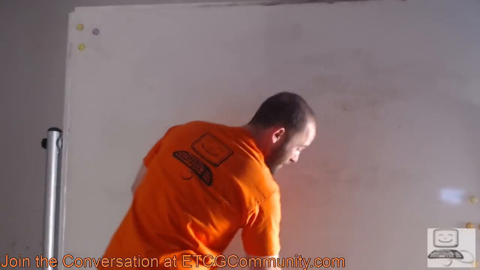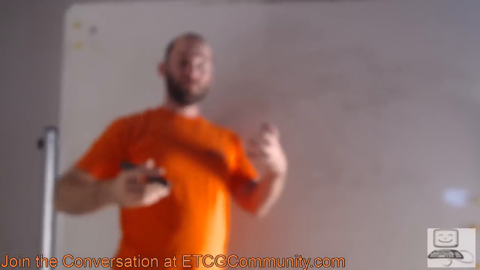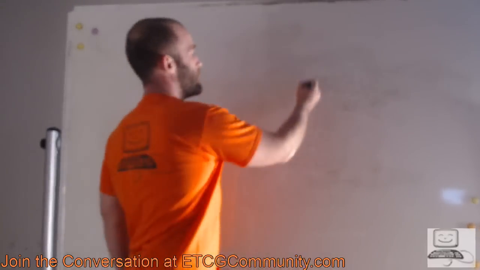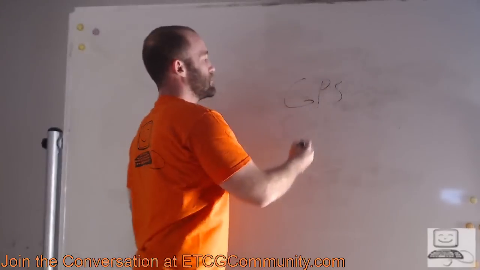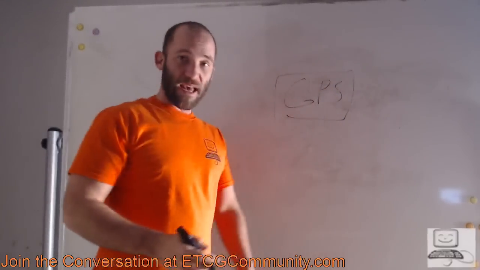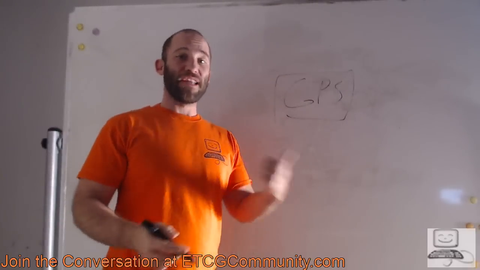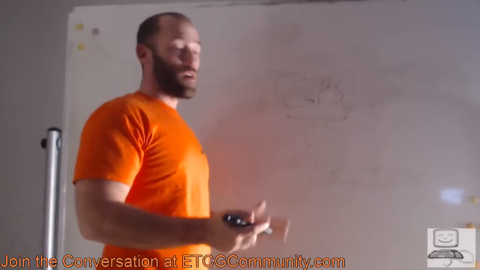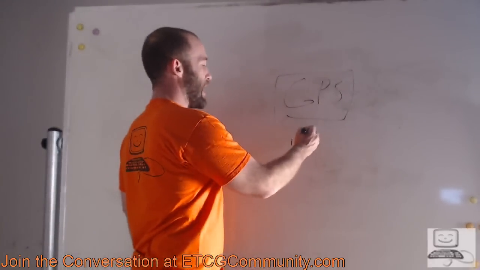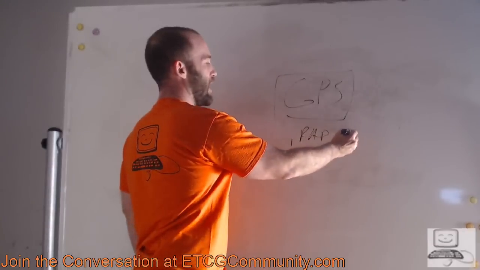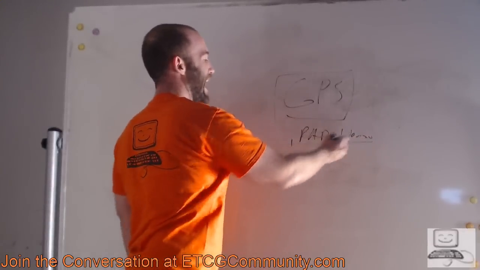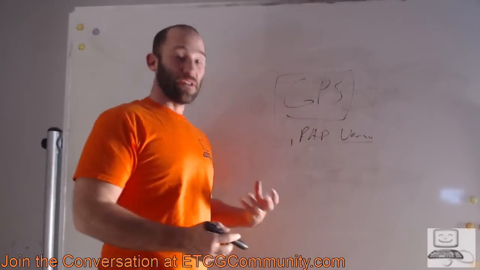The final way that they do web-based geolocation is simply by the GPSs already built into your computers, your tablet devices, or your smartphones. So I have an iPad that has the Verizon plan on it, so it has a GPS unit built in.